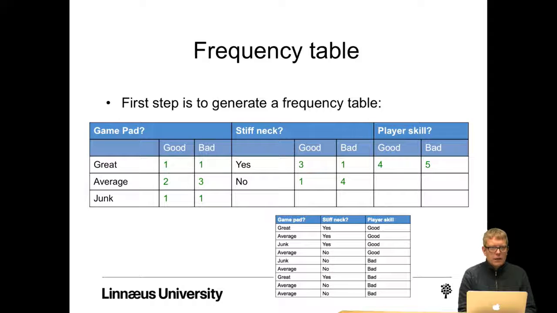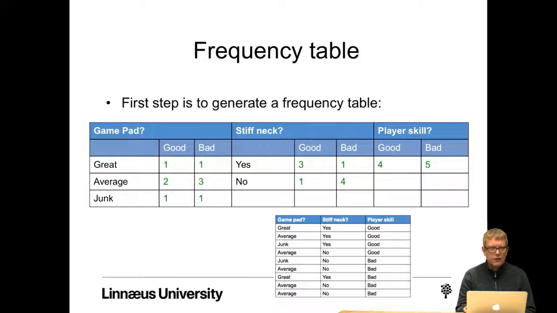The second, stiff neck: we have three examples of stiff neck yes and being a good FIFA player, and only one example of having a stiff neck and being a bad FIFA player. If we don't have a stiff neck, we have one example of being a good FIFA player and four examples of being a bad FIFA player. And for player skill, we see that we have four examples of good and five examples of bad player skill. So that's the frequency table that covers the complete dataset.